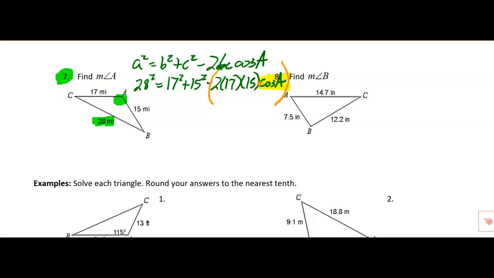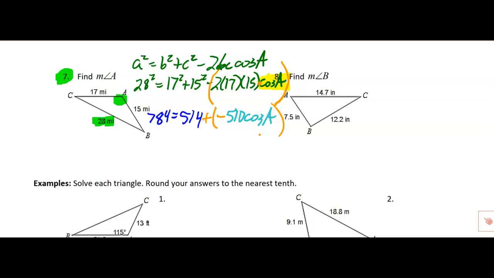So what I'm going to get here is 784 equals 514 plus negative 510 cosine A.